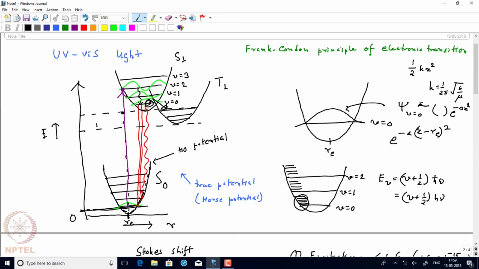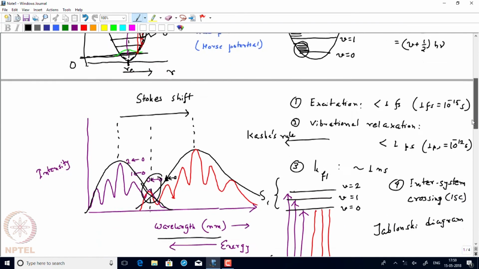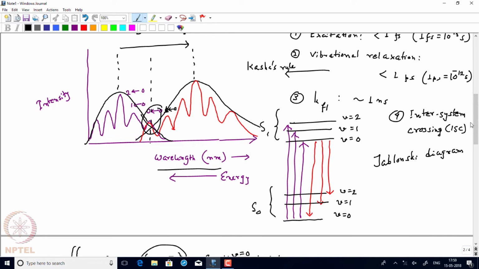Now, you can see that when it emits, we have a problem here, and the problem is that it is actually emitting from the triplet state to the singlet state, and that emission we call phosphorescence, and it has a huge long lifetime because it is coming from the triplet state to the singlet state, which is spin forbidden.